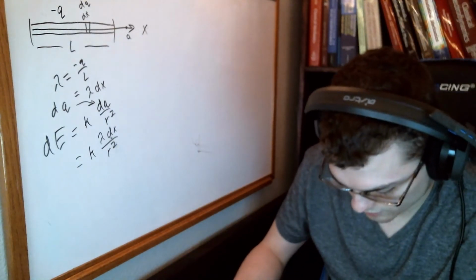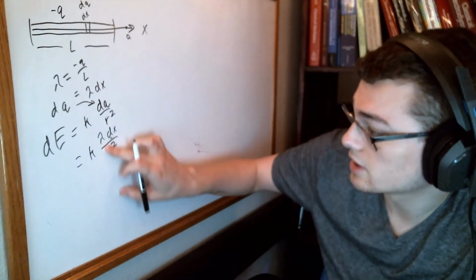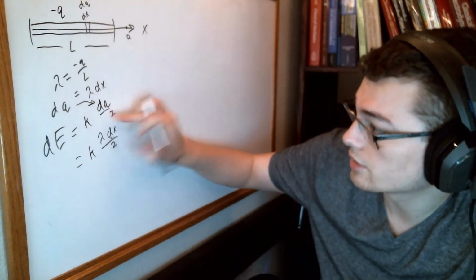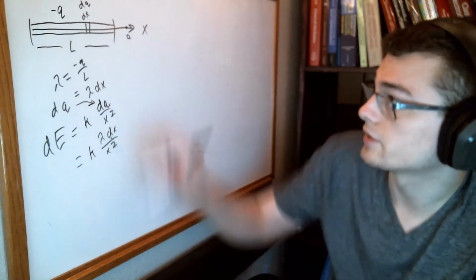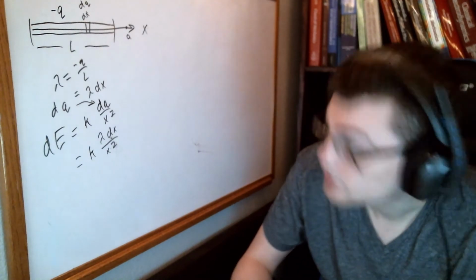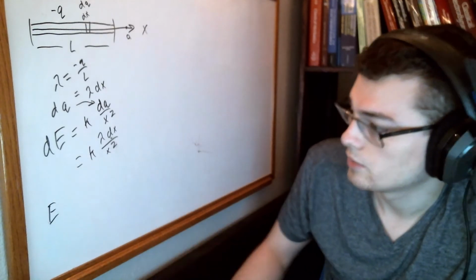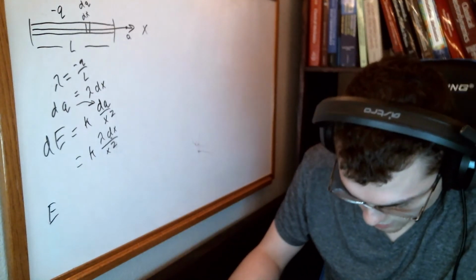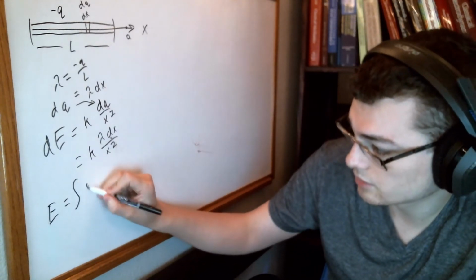And in this case, since it's a one-dimensional example, we'll replace r here in this equation with x, so we can find the electric field at this point away. Okay, so now in order to find the electric field here, we have to say that E is equal to the integral of dE.